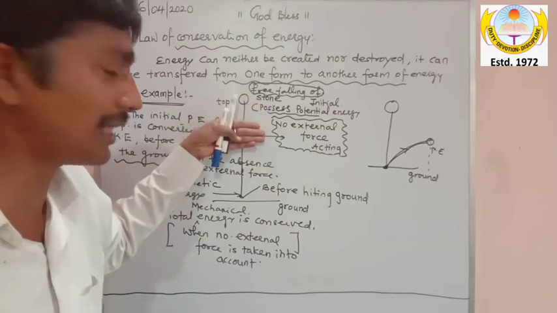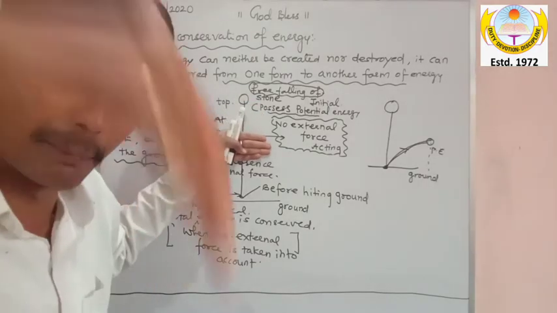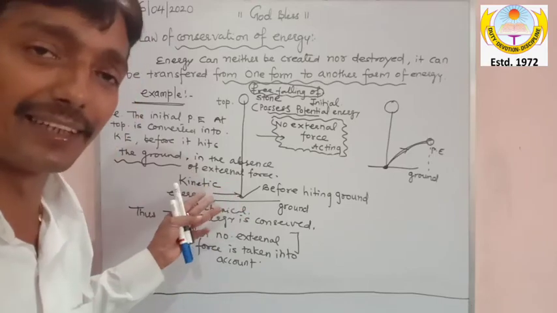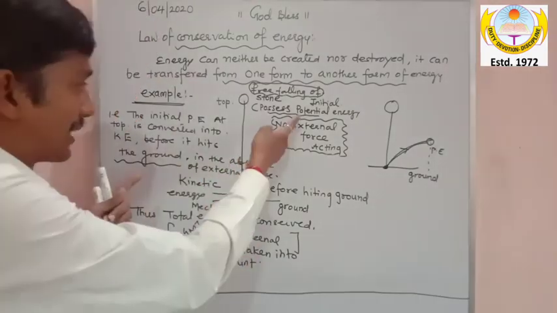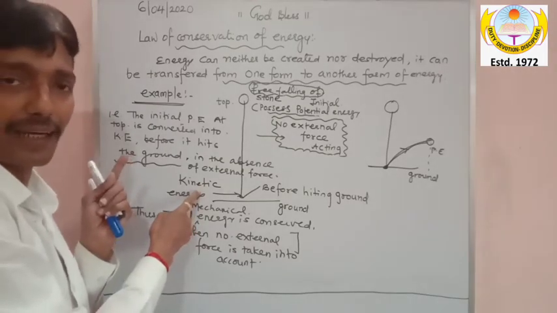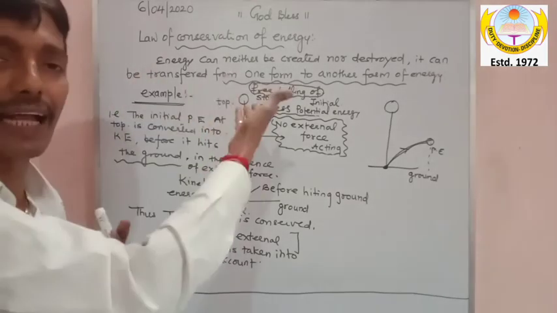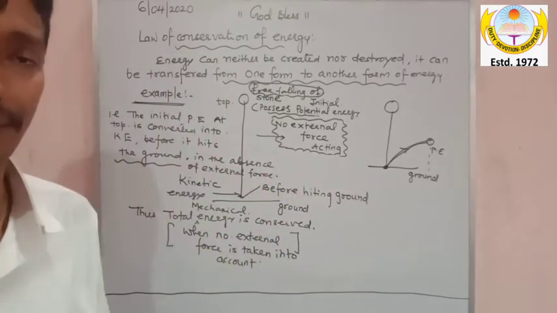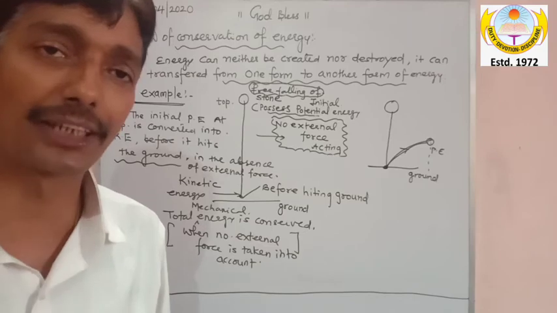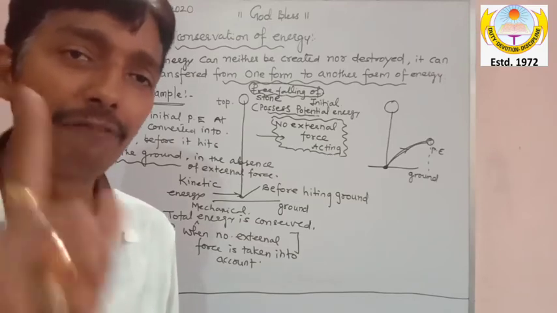The potential energy will go on decreasing as it comes down, and it is converted into kinetic energy, the form gets converted from potential to kinetic. Am I clear? And the entire energy before and after remains constant. So this is one topic which I have done for the law of conservation by the free fall case.